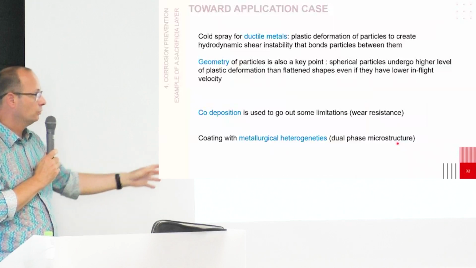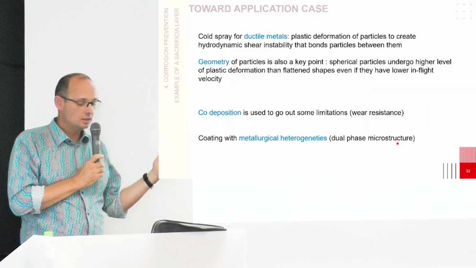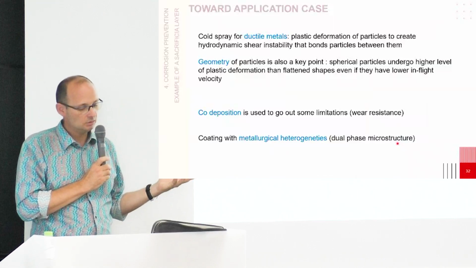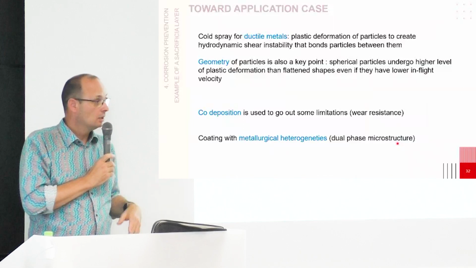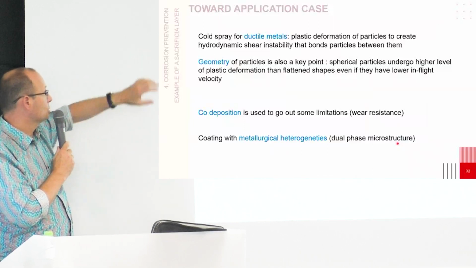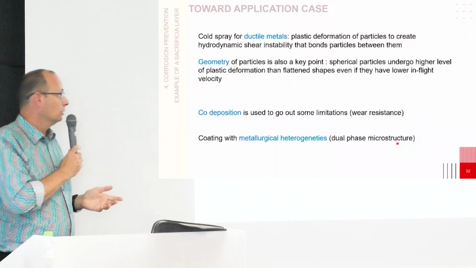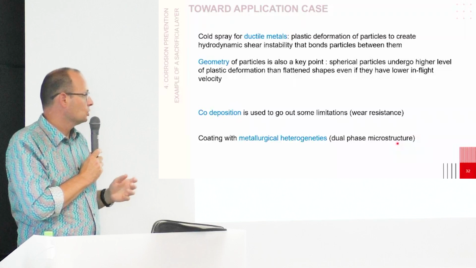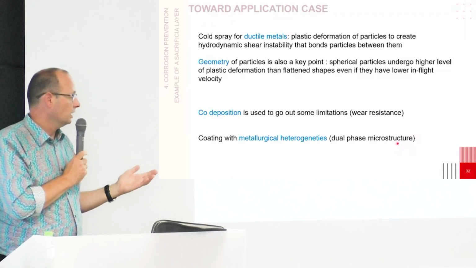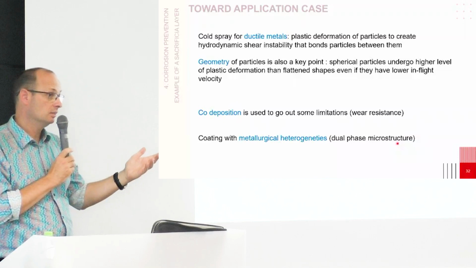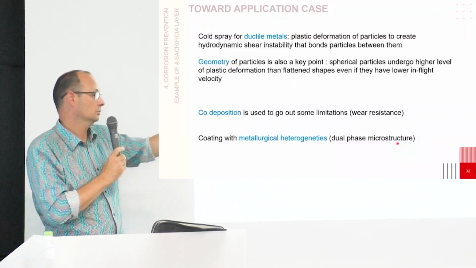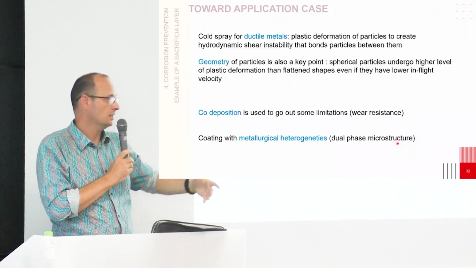There are a couple of ways to produce coatings. In the last 10 or 20 years, the cold spray technique was quite widely used. Why? Because it changed a bit compared to other spray techniques where we were melting particles that were flying to the surface and attaching.